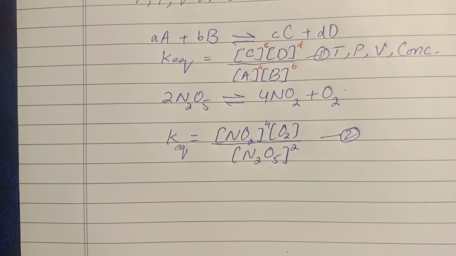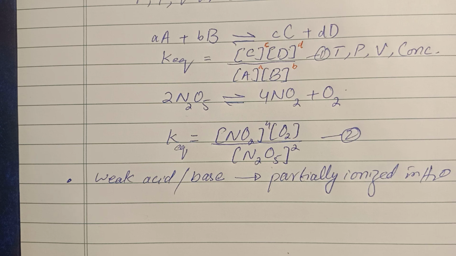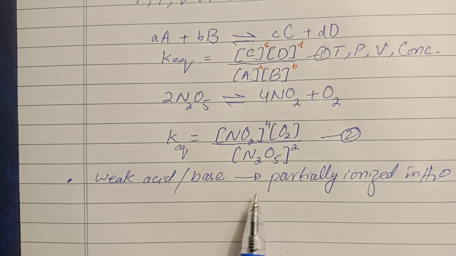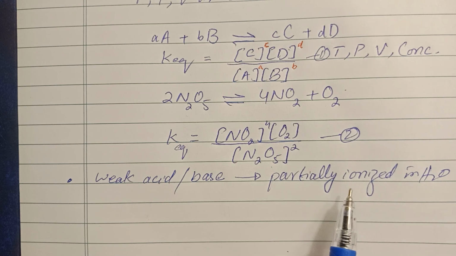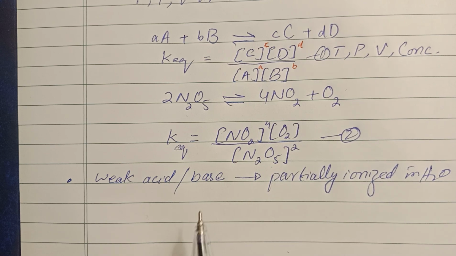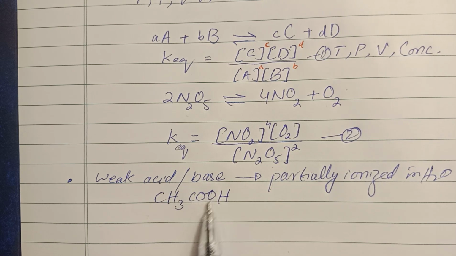In order to understand the common ion effect, let's consider a few points. Weak acids or weak bases are partially ionized in water. It means that these species exist in an unionized form.